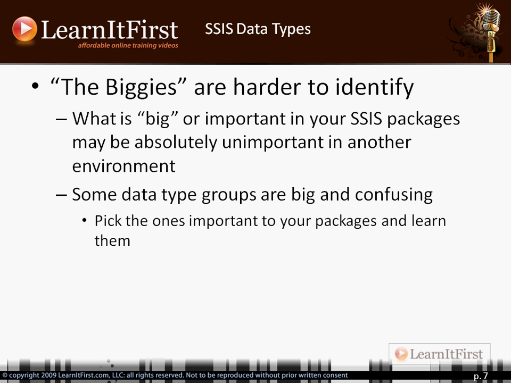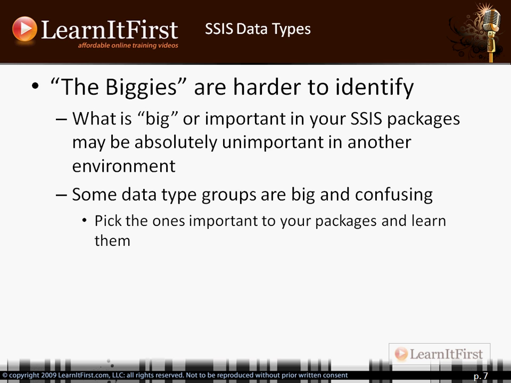Now, the important ones. I've said in the previous screen, you only have to know the biggies. What are those, though? What's important for you on this project, in this package, with this company, may not be important if you change companies two years from now or next week, or you move to a new project within the same company.